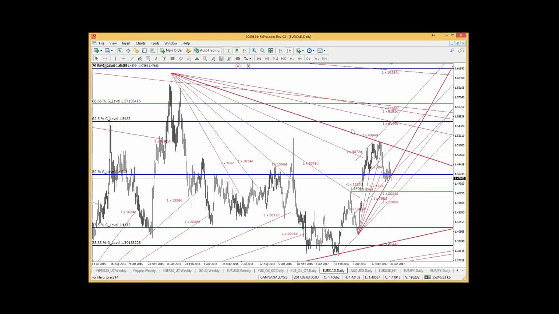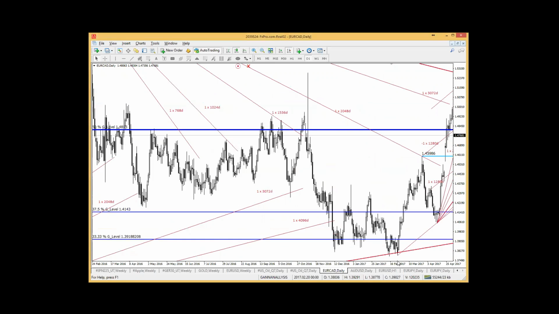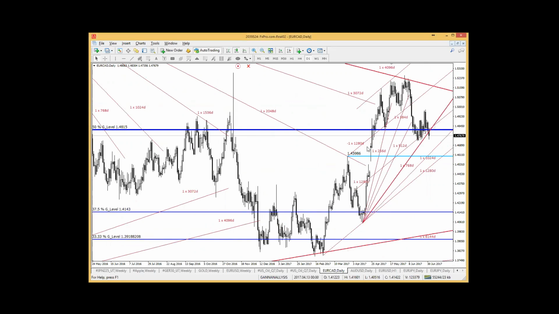So right now we are in between 4096 and 6144. 4096 is the reason for this push to the downside, and 6144 is the reason for this push to the upside.